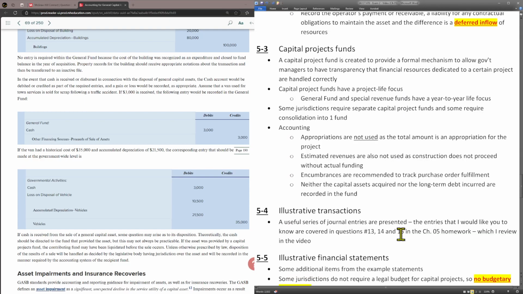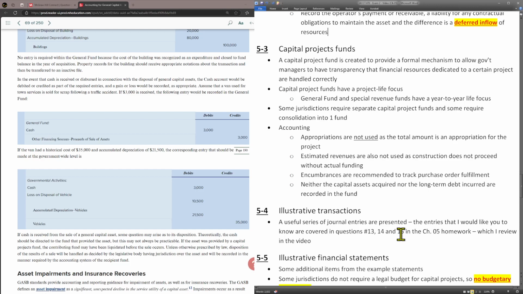The capital projects fund in general is just a formal mechanism to track things. Now, sometimes you can track it in the general fund or a special revenue fund. But as we said before, if there is a commitment or some other sort of restriction for the funds, then it's most likely going to be tracked in a capital projects fund.